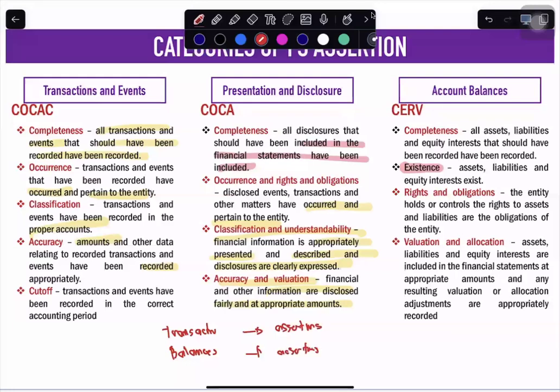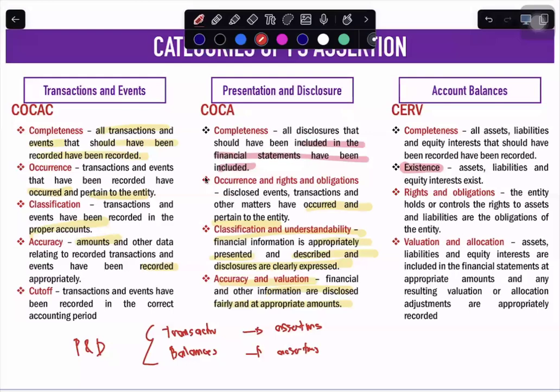So they say that since we only test purely transactions and balances, we merge the other categories of assertions into the other categories, such that your presentation and disclosure is deemed included in your transactions and account balances. So these transactions and balances, we deem to include the presentation and disclosure assertion.